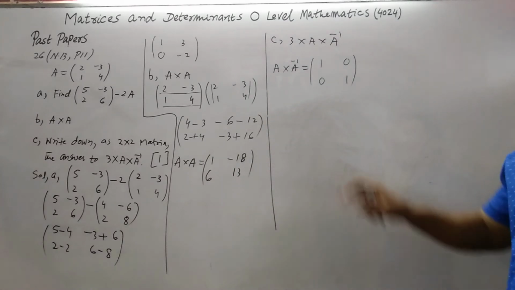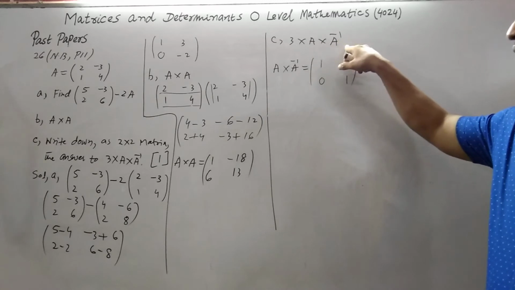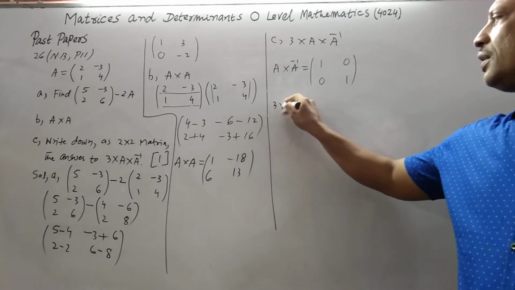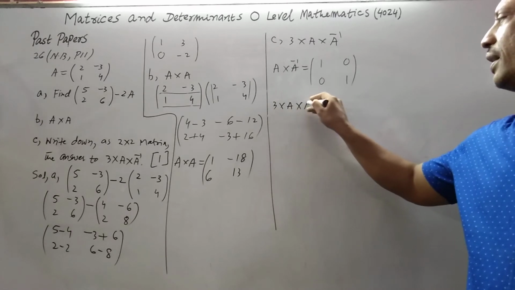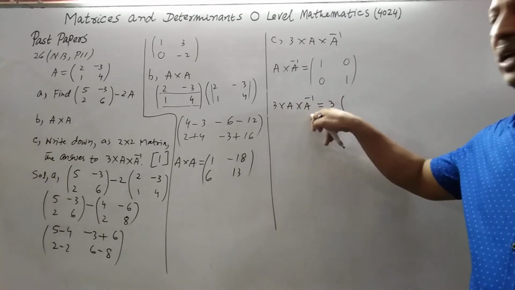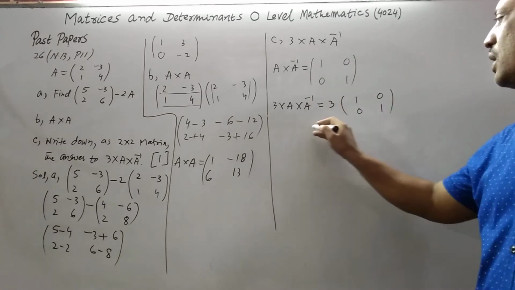We always get [1, 0; 0, 1]. So the answer of A into A inverse is [1, 0; 0, 1], and finally 3 into A inverse, equals 3 multiplied by A into A inverse. The answer is [1, 0; 0, 1].